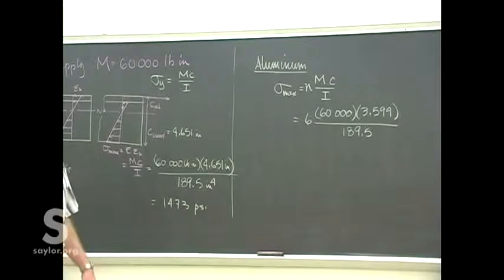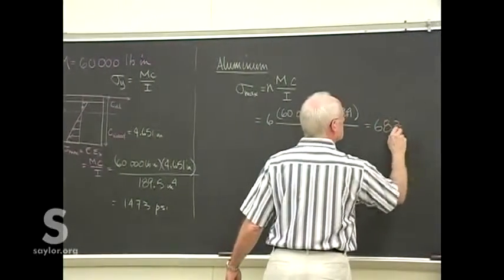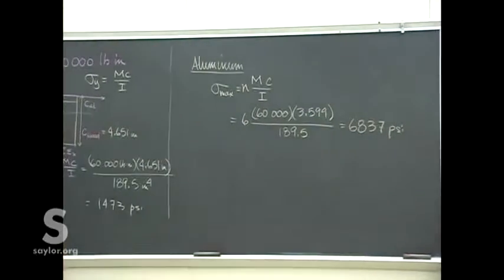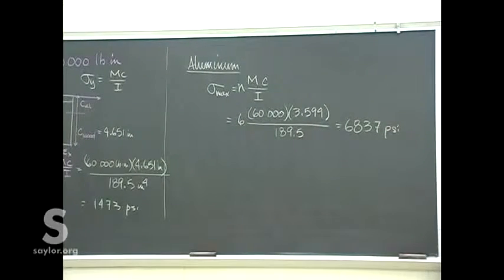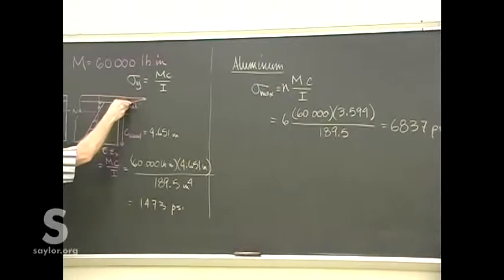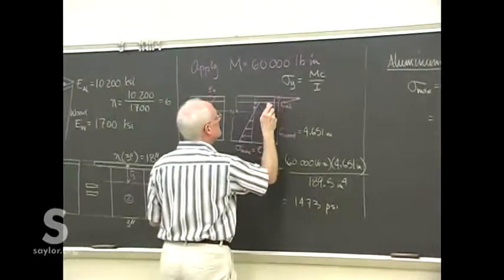And we get 6837 PSI, which is 6 times greater than it would have been if that was just a wood piece there. And that's now linear all the way back to the neutral axis.